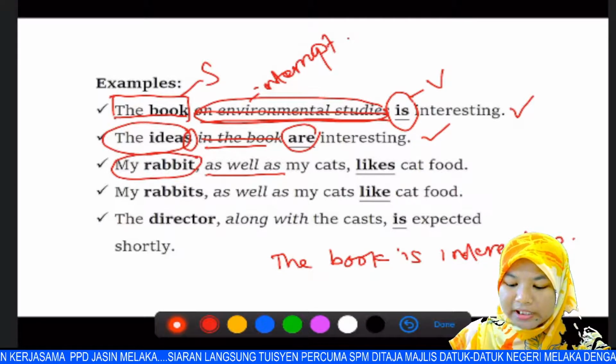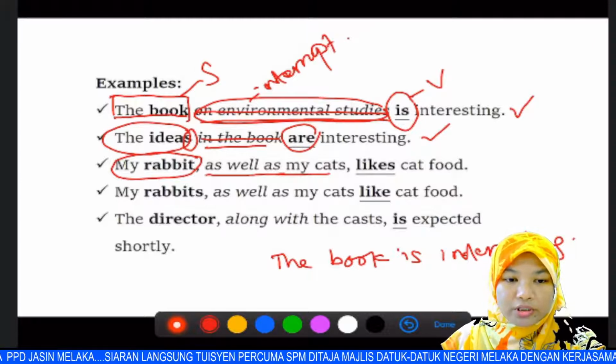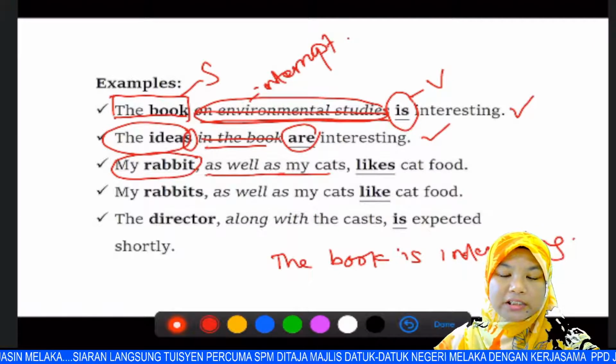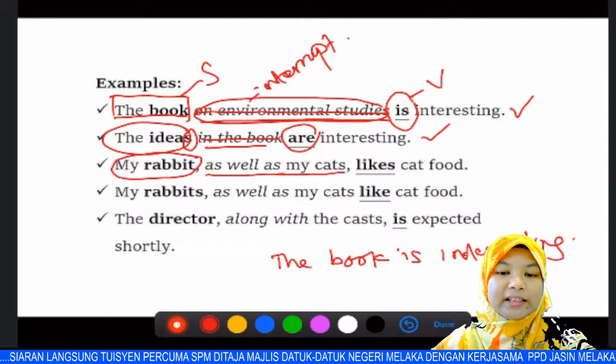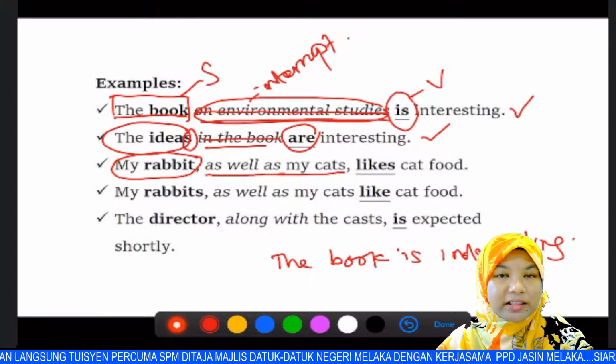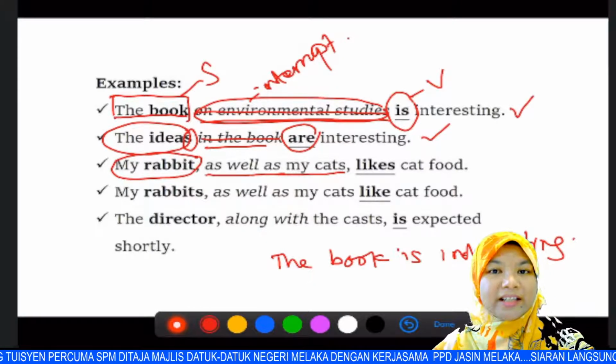"As well as my cat" is used to give further information about the rabbit. The writer is trying to say that the rabbit likes cat food just like his cat.